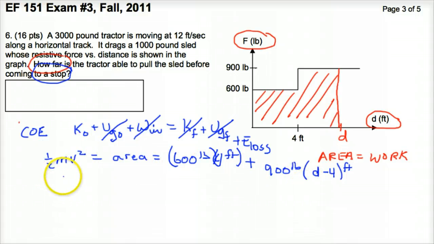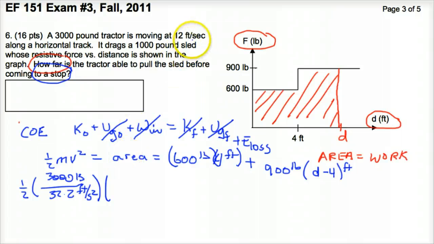Okay, and the mass of the tractor, let's see, so go ahead and write that out again, is 3,000 pounds divided by 32.2 to get it to a mass. Initial velocity 12.